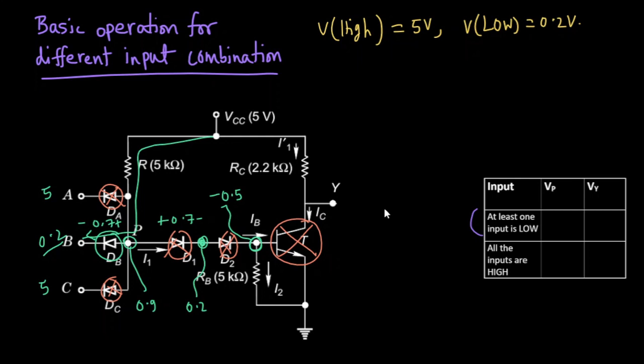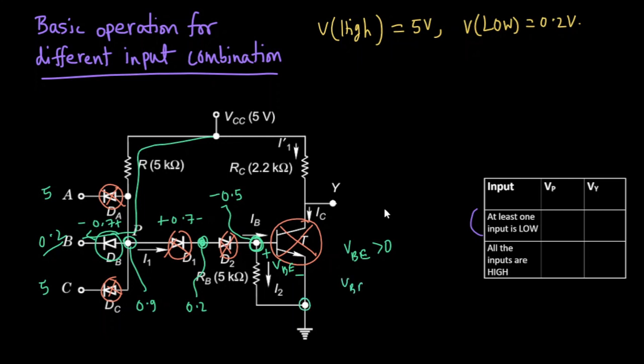Now to turn on a transistor, we need at least a positive voltage across the base-emitter junction. So the base-emitter voltage must be positive to turn on this transistor, but the voltage of the base node we have calculated to be negative 0.5, and the node voltage of the emitter node is 0.